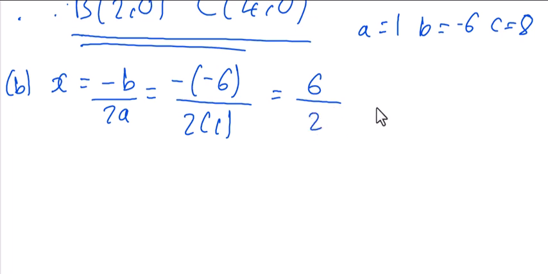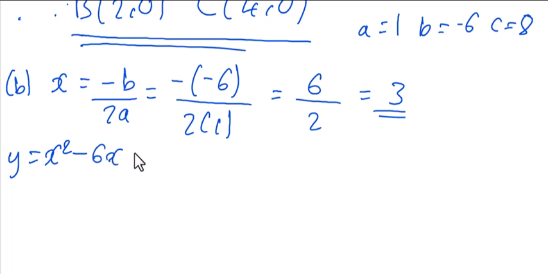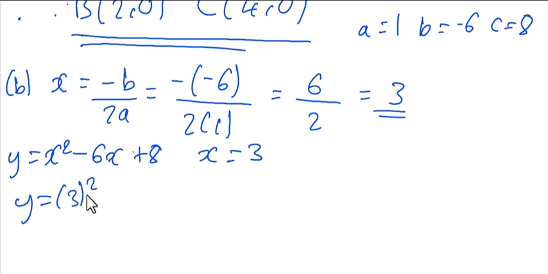For us to find y, we substitute x into our equation, y equals x squared minus 6x plus 8. We know that x is equal to 3, so y equals 3 squared minus 6 multiplied by 3 plus 8.